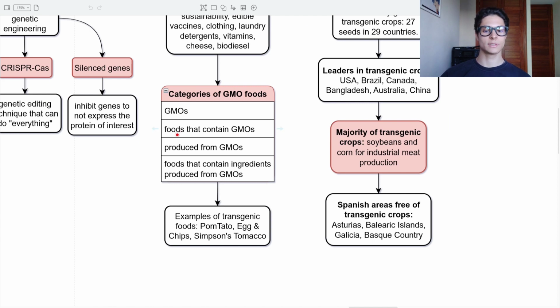Then there are foods that contain GMOs. Imagine a salad with soy or corn in it. Produced from GMOs, these are, for example, nachos made from transgenic corn. And then foods that contain ingredients produced from GMOs. An example would be chocolate having lecithins that are made from transgenic soy.